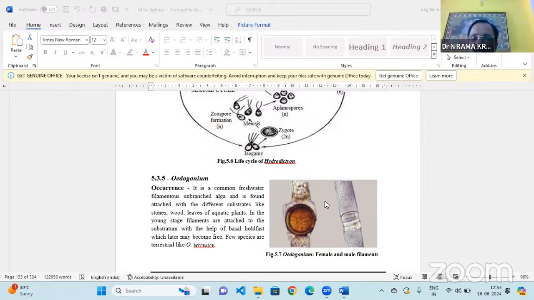Now you see Ulva has an alternation of generations. Two separate plants are involved in the life cycle of Ulva. It is recorded as an abnormal type of life cycle in mature Ulva.